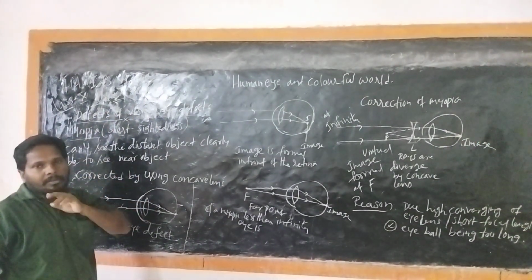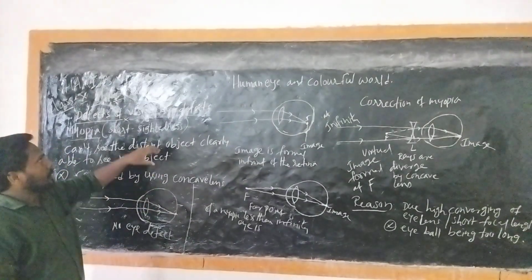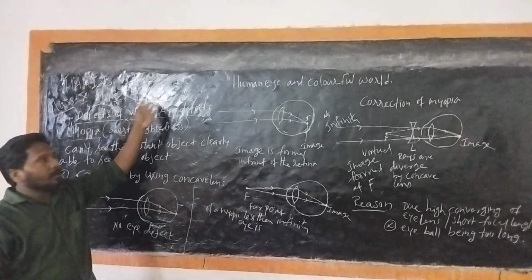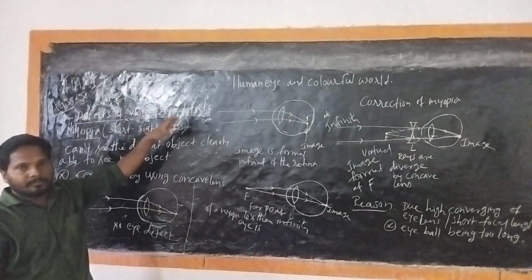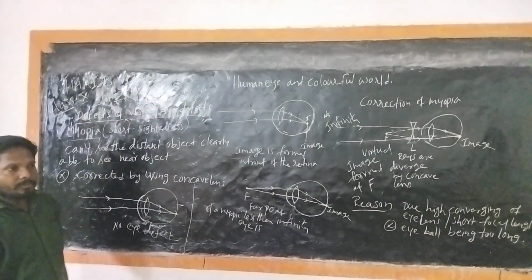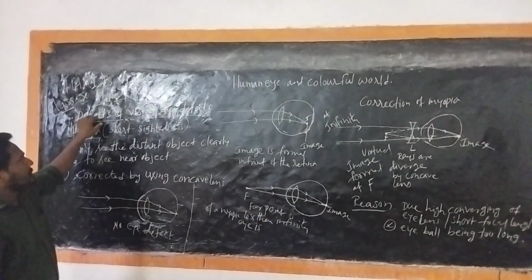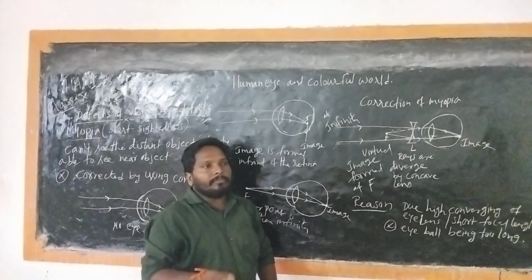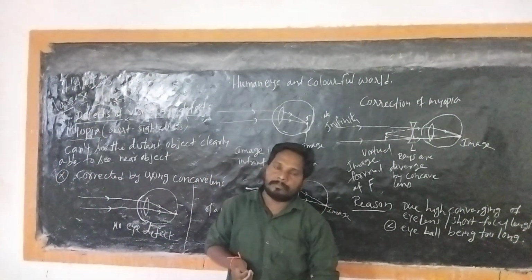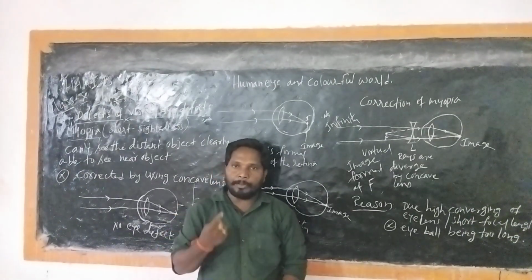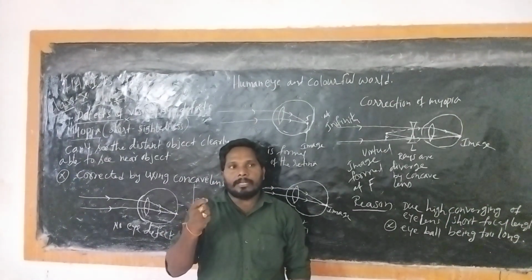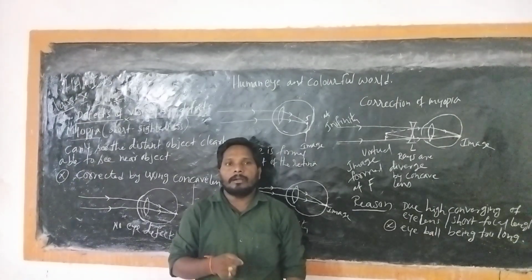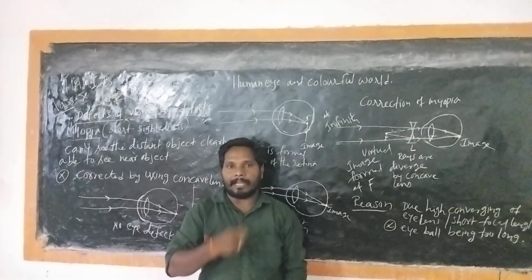There are four types of eye defects. One is myopia, the second is hypermetropia, the third is presbyopia, and the fourth is cataract.